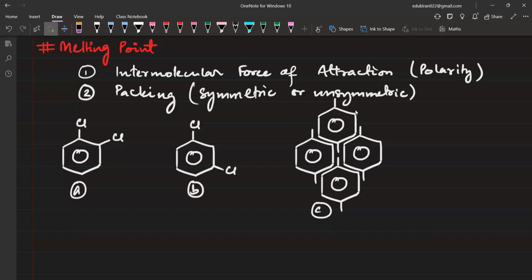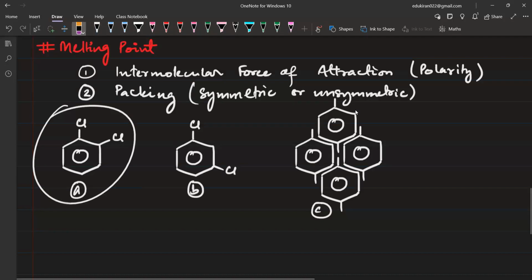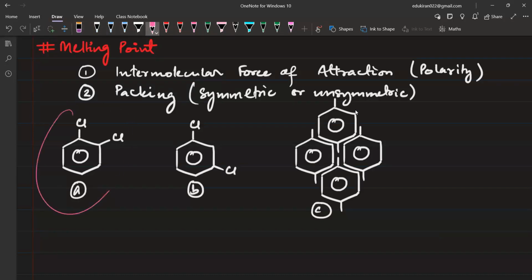But you can see how close these molecules actually are. Now, no matter how much dipole moment this ortho isomer has, it is such a weird and unsymmetric type of geometry, or I can say shape, that it can never fit as we are fitting the para isomer. So you can see which will be the most difficult to break.